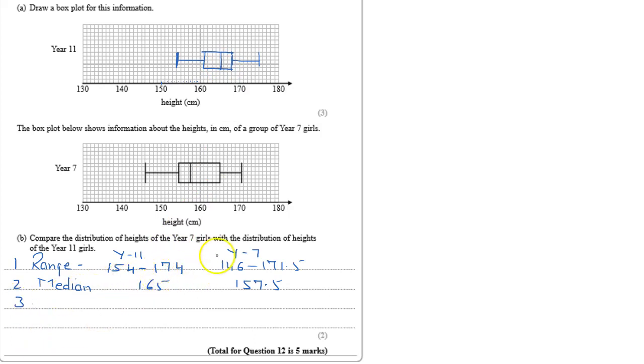If we also compare the interquartile range, in the first example the interquartile range is 7, and here the interquartile range is, that is we calculate this and this, so that will be 10.5. And the fourth, we can say the range. The range we have already said this thing. So these are the comparisons.